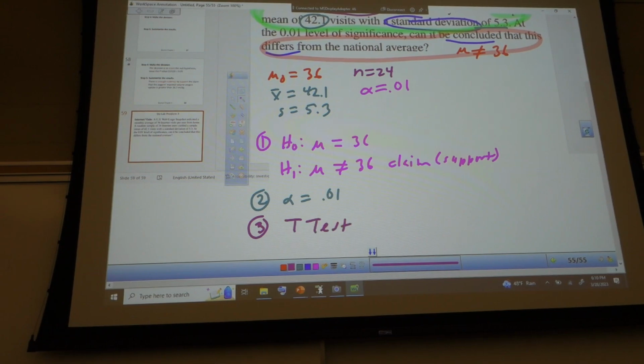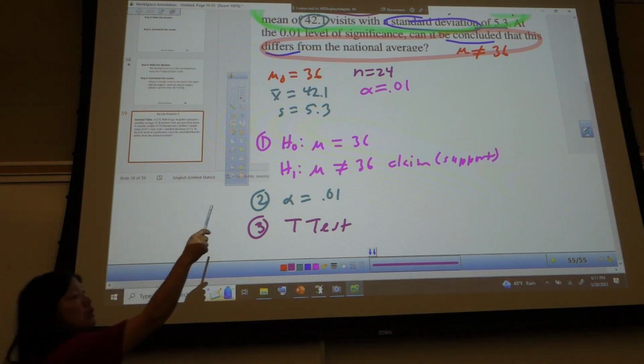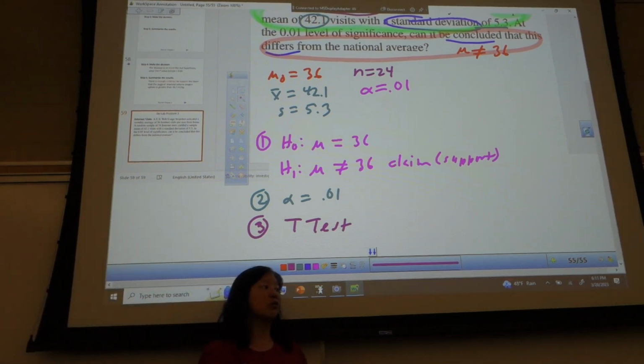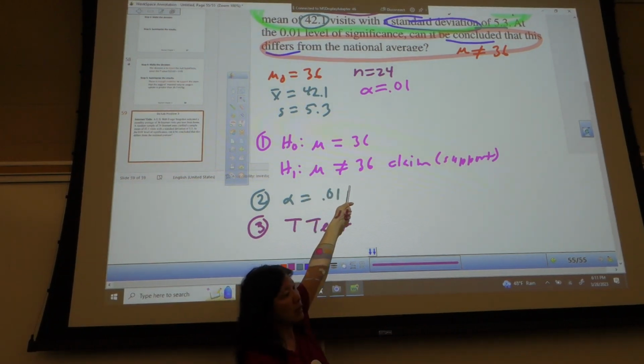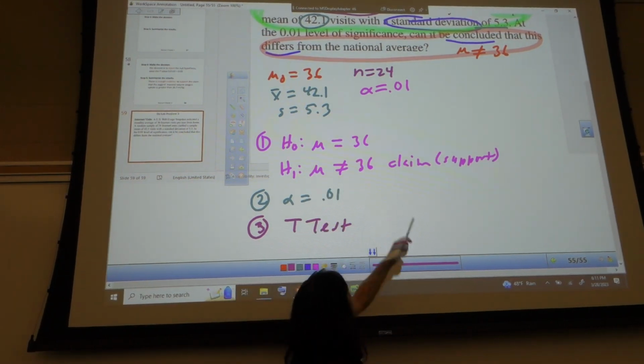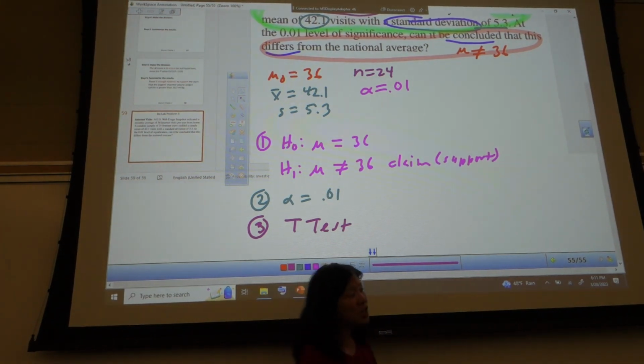So should I give folks a couple more minutes to finish out 3, 4, and 5? Yeah, that's a great question. My claim is that it differs. If I'm different than you, that means I'm not equal to you. So my claim is going to be H1. If I'd said he claims that it's the same as the national average, then my claim would be H naught.